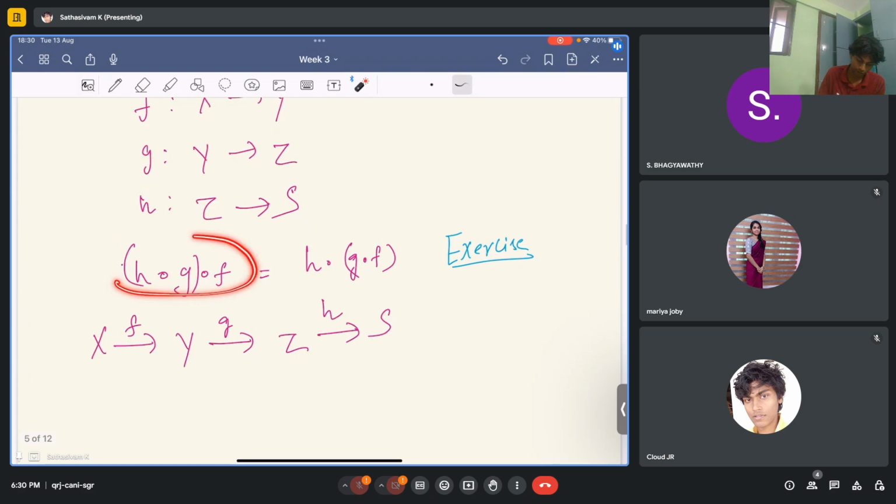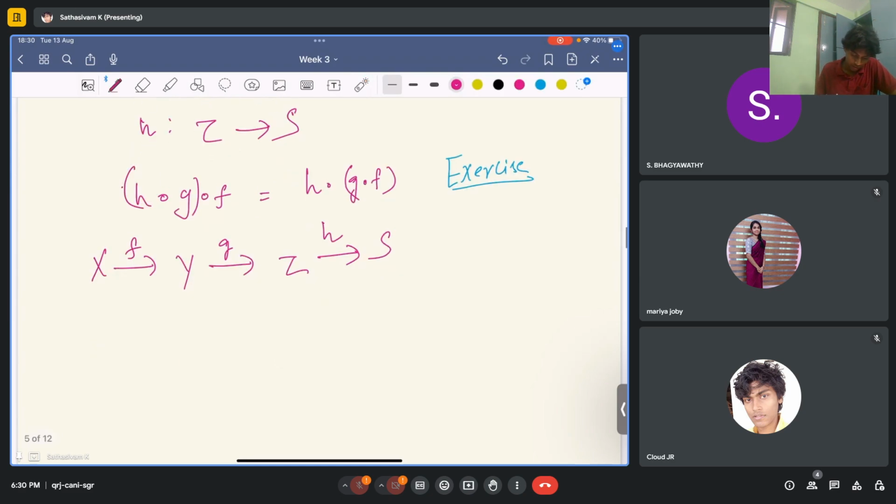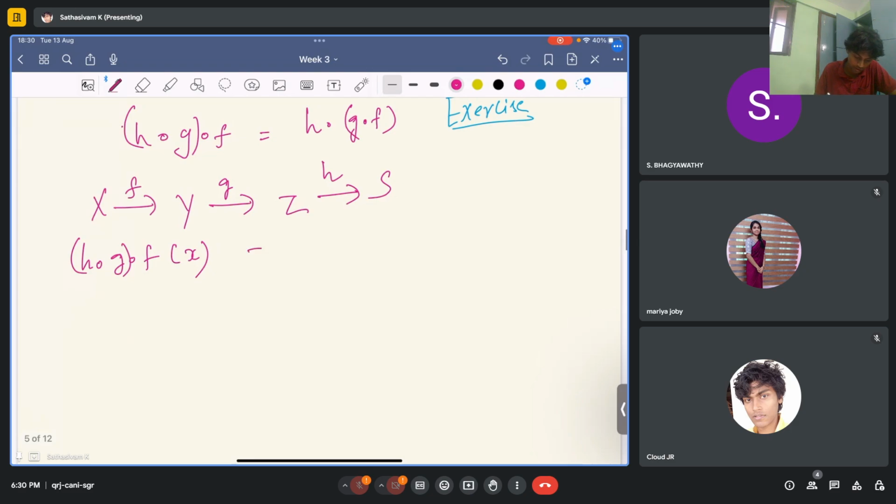So you usually write like this: if you have a map in this direction, the composition is a map from X to S. So let's start with h compose g compose f of x. What is this? This is nothing but h compose g of f of x.